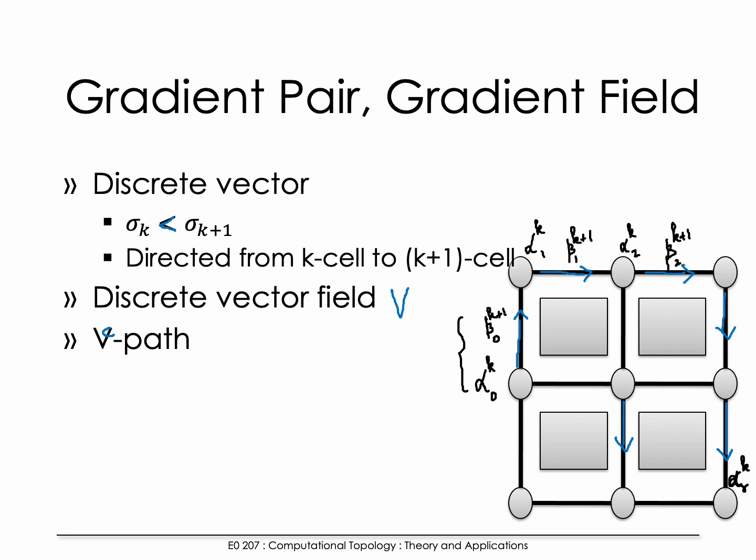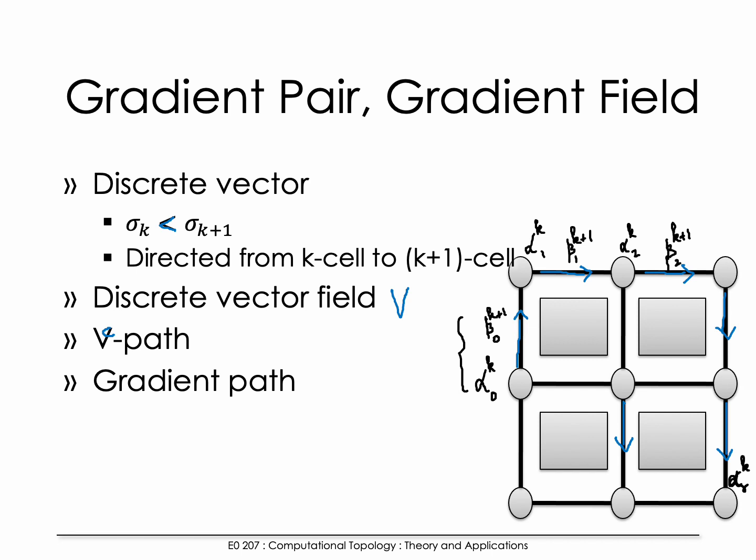The next concept that we want to introduce is a gradient path. So far we have been talking about generic paths between any pair of nodes that follow the discrete vector. Now if this V path does not contain any cycle, then we call it a gradient path.